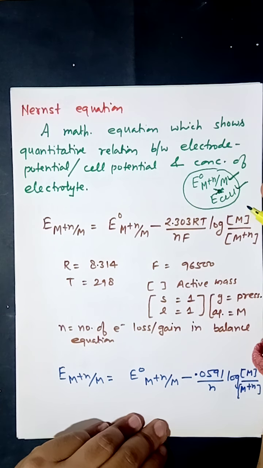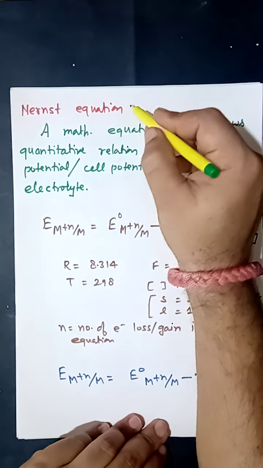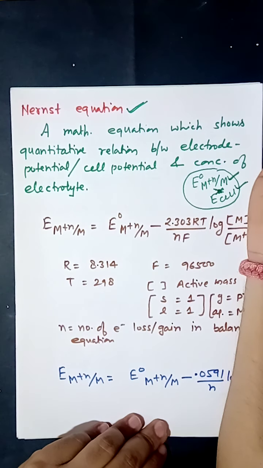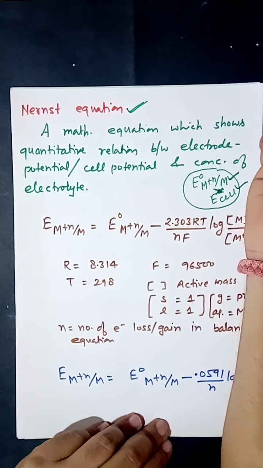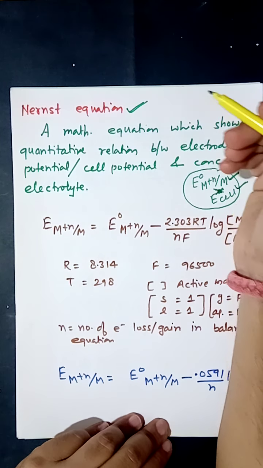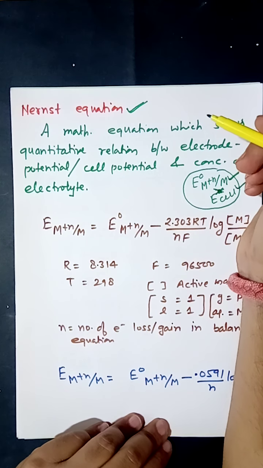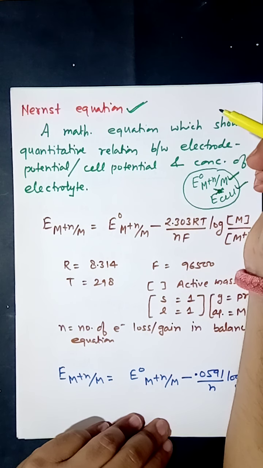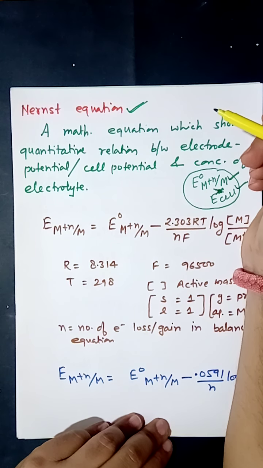So if the conditions are not standard, how can we determine electrode potential and cell potential? This was studied by the scientist Nernst. He gave an equation that is known as the Nernst equation. I repeat, this is an equation which helps us calculate cell potential and electrode potential when the conditions are not standard.